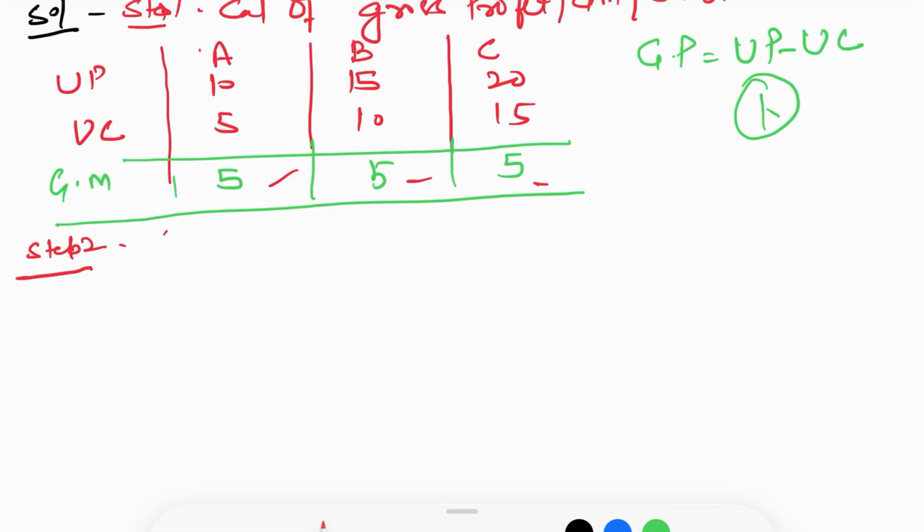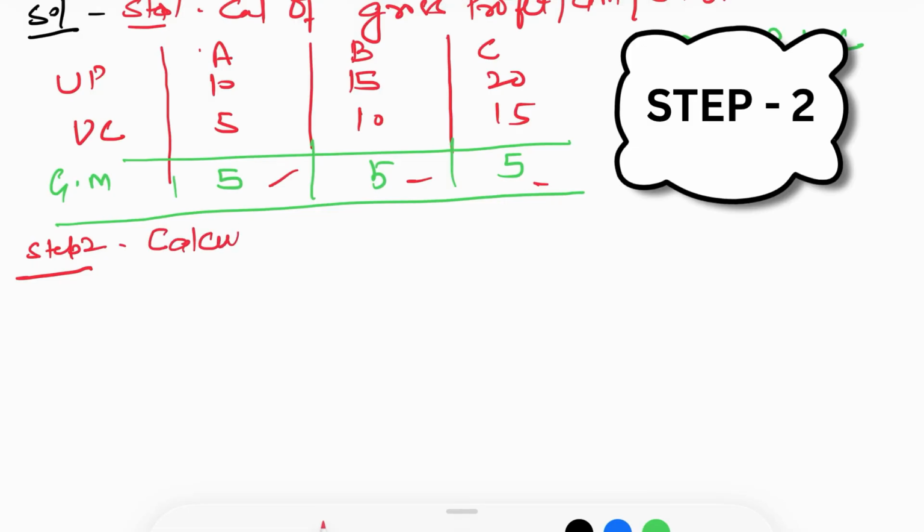Second step is calculation of weighted average gross margin. As I said, I'll take the average of all these. What are these? These are contribution per unit. I told you gross margin or contribution per unit.